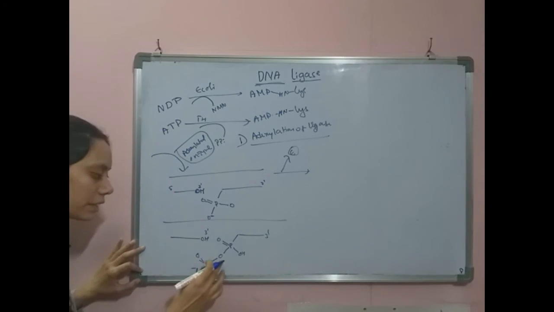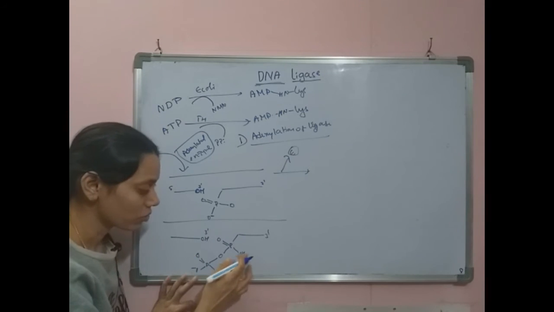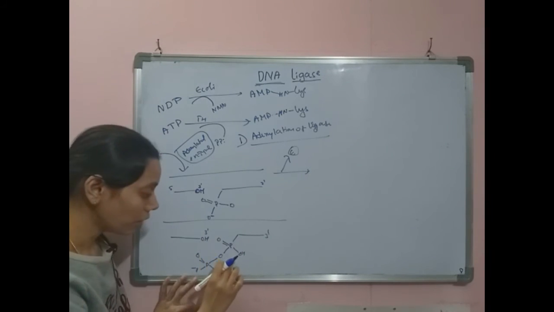So basically this is how the enzyme will donate its AMP to the terminal phosphate.